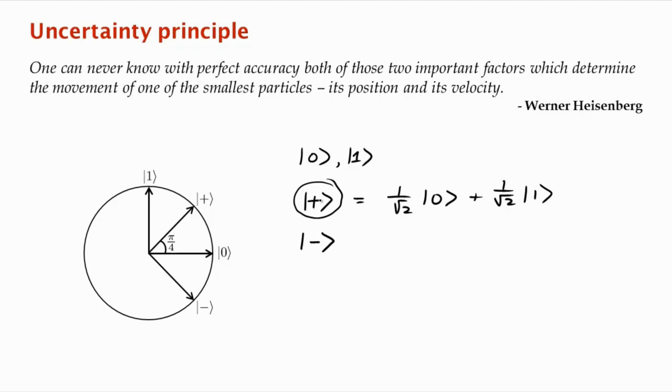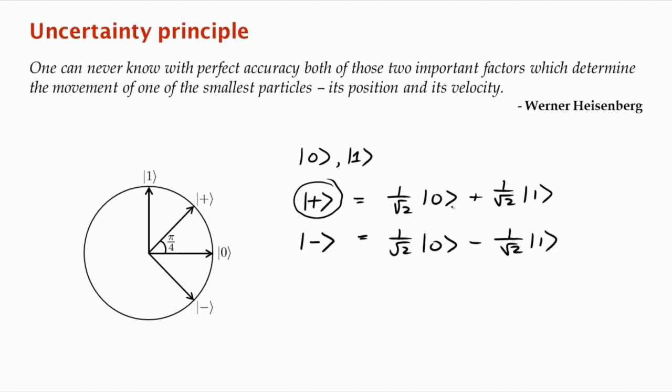We could have called it psi, we could have called it x. We chose to call it plus, and I'll explain in a moment why. And then we define a corresponding vector minus, which is 1 over square root 2 times 0 minus 1 over square root 2 times 1.